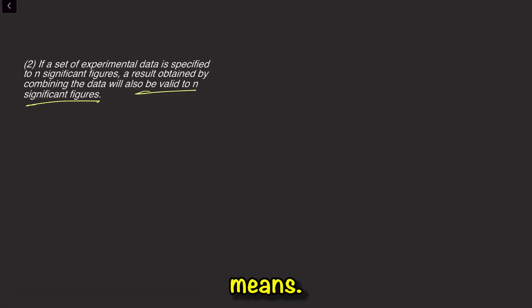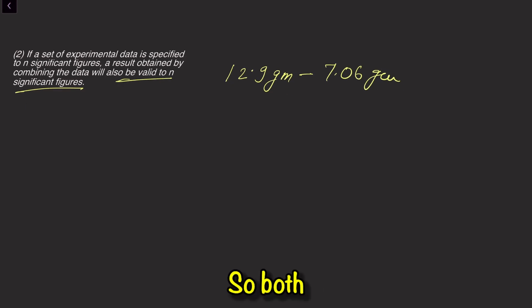Now what does it mean? Let's say we are subtracting two masses, 12.9 gram minus 7.06. Both have three significant figures, right? But since there is a mismatch in the decimal places, there are two digits after the decimal place in one and only one in the other.